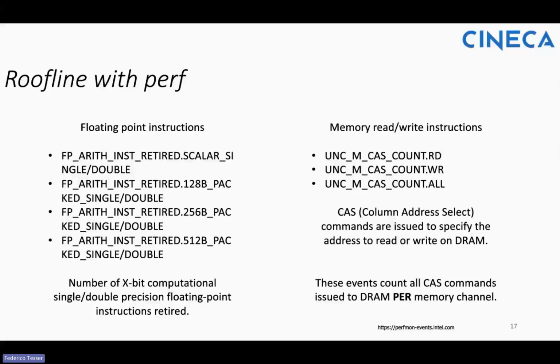On the left we are seeing the floating-point instructions that we need, both scalar and packed. So if we are dealing with 64-bit or packed, we are using all the XMM, ZMM, and YMM registers. And on the right we have the memory read or write instructions. They are called CAS counts, which are commands issued to specify the address on the DRAM to read or write to, and then you have to multiply by the size of the cache line, and you get the number of bytes.